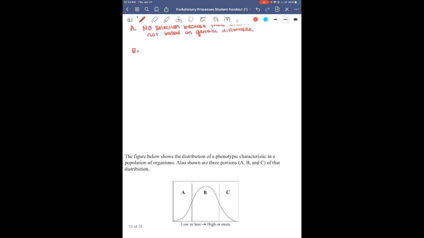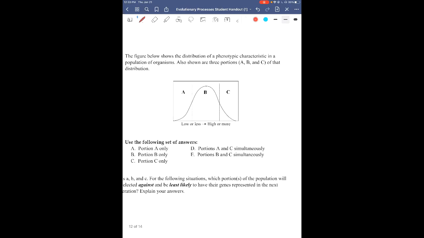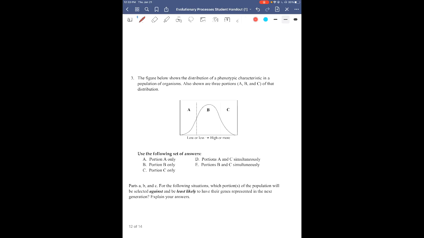Okay, let's move on to part 3. We're going to be looking at a figure that's showing a distribution of a phenotypic characteristic in a population, and they split it up into A, B, and C for the distribution.